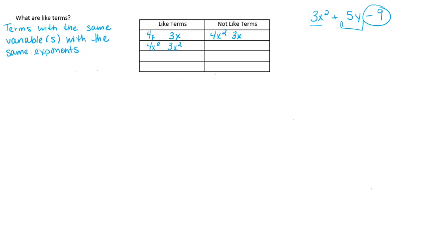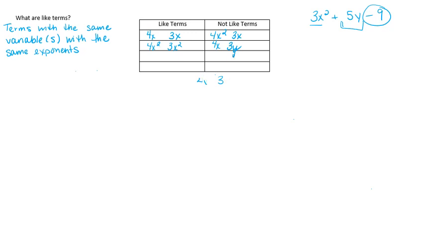All right, let's look at this pair. 4x and 3y. Okay, they're back. All right, 4x and 3y. Those are not like, because one has an x and one has a y. We can't combine those together. They would have to stay separate.